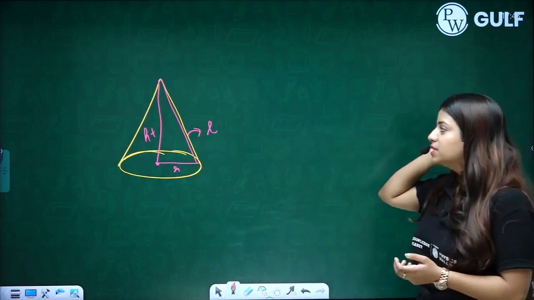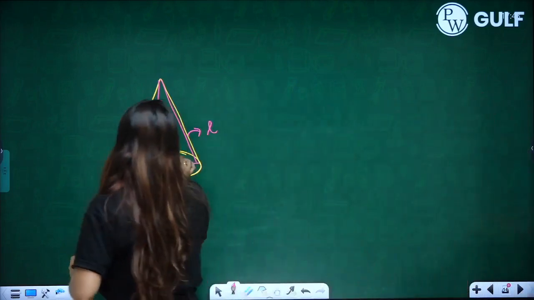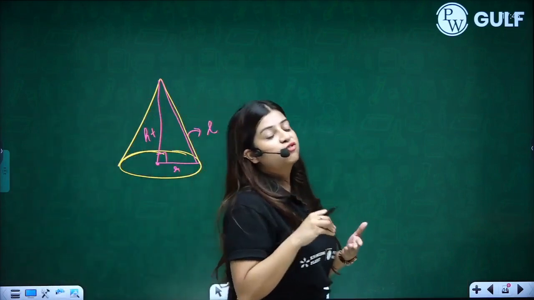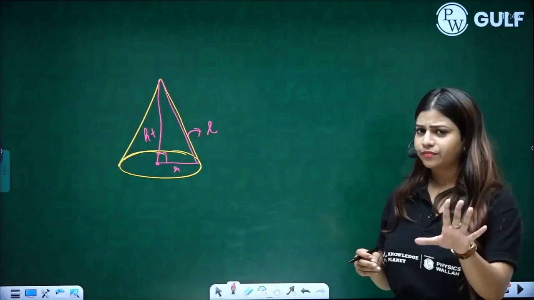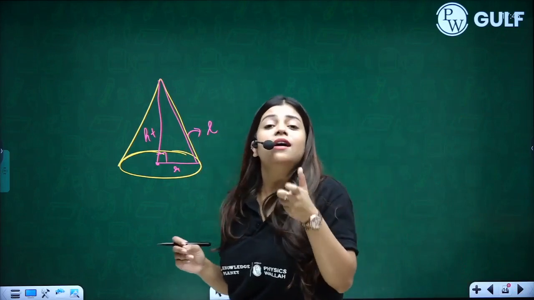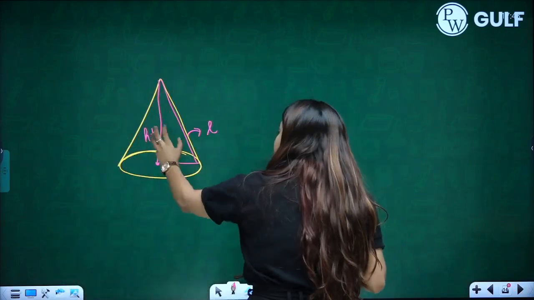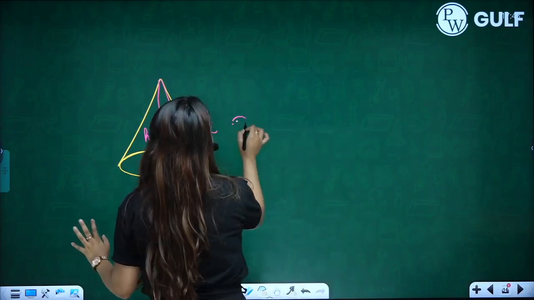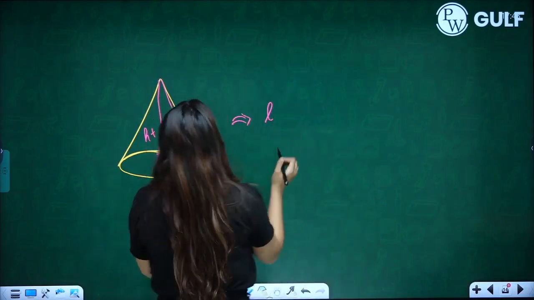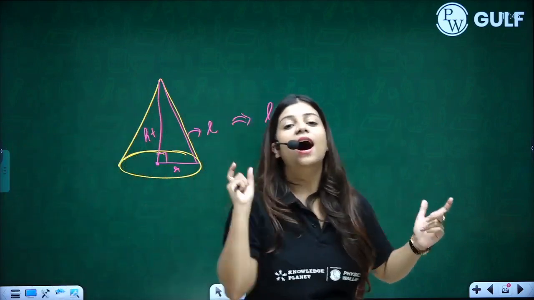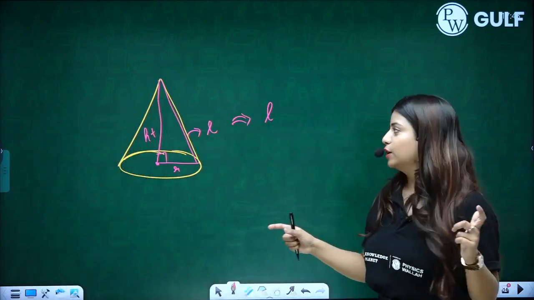Now when you see this h, r and l, you will see that they make a right angled triangle. So this is simply a right angled triangle in front of you. From this right angled triangle, students, we can calculate L, which will act as the hypotenuse of the particular figure.